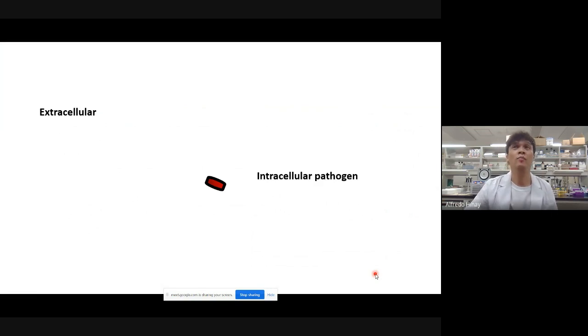Intracellular pathogen. Pwede ba tayong magbigay class ng mga example na intracellular pathogen na natutunan natin sa clinical bacteriology? Correct, di ba? You have your Neisseria gonorrhoeae, Neisseria meningitidis. Those are intracellular organisms. If you can observe on the slide, you have your neutrophil, and they're located inside. You have your Mycobacterium tuberculosis.